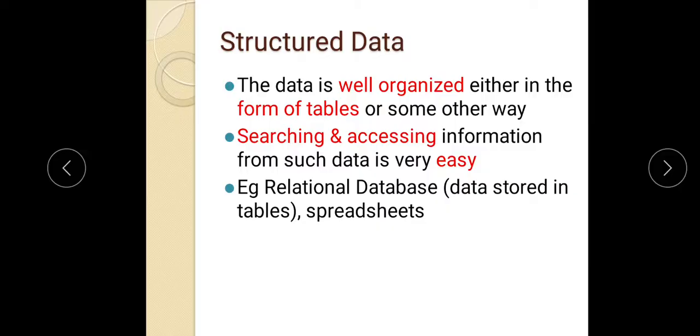It is similar to our Excel sheet in Microsoft Office, we are aware of the spreadsheet. So these are the examples of structured data. Structured data means it is well organized, it is in the form of tables and we can easily access and search it.